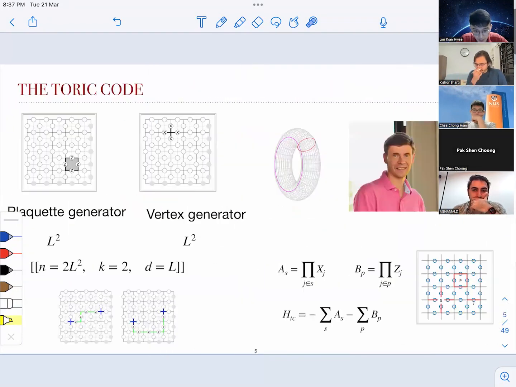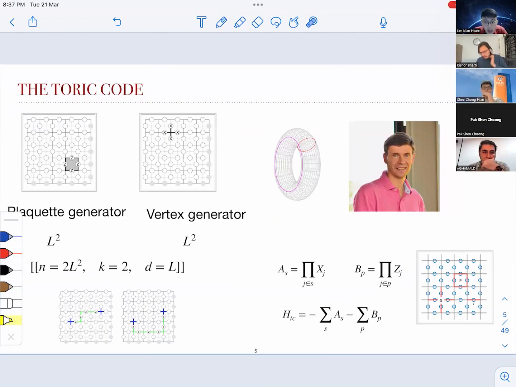So let's recap what happened last week. We discussed the toric code, and there we had two kinds of generators, one corresponding to the plaquettes and the other corresponding to vertices.